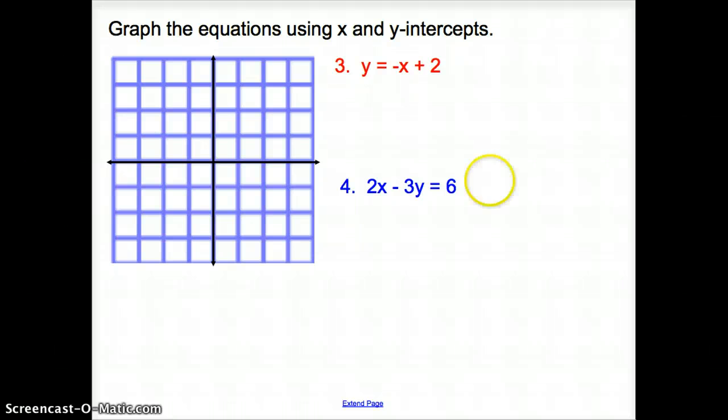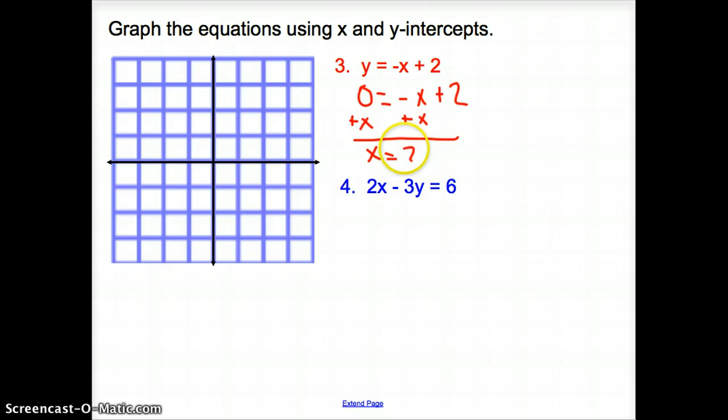So, moving forward, if I put 0 in for y, it's going to give me my x. Well, x equals nothing here, but what if I added x to this side and to that side? So now I have x on the other side of my number, so now x equals 2.